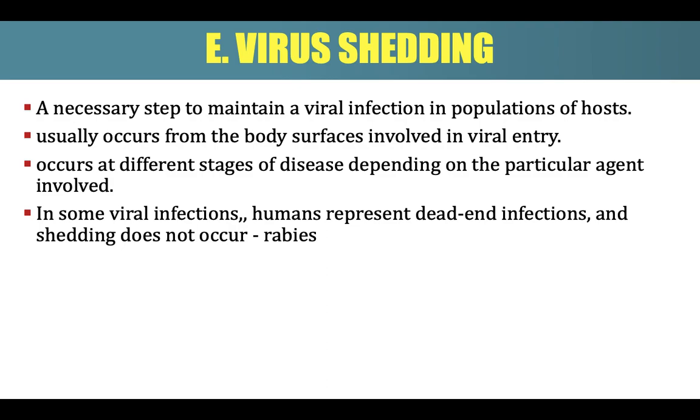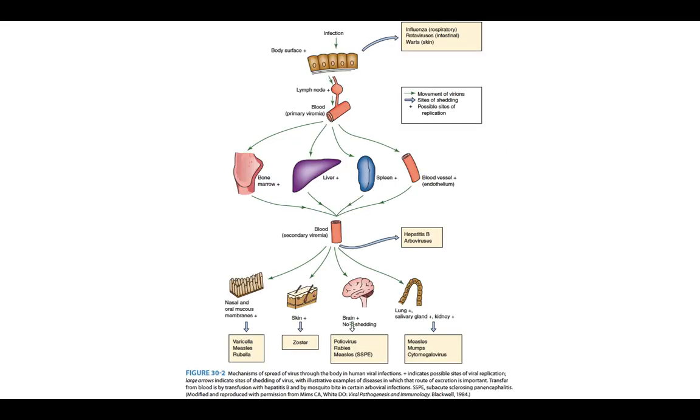This is a necessary step to maintain a viral infection in populations of hosts. Shedding usually occurs from the body surface involved in viral entry. So if it comes from the nasal or respiratory tract, it will go out from the respiratory tract. But if it comes from the skin, it will go out from the skin.